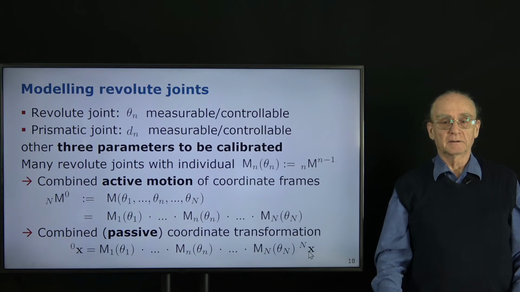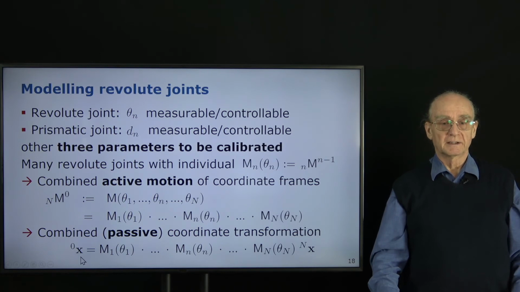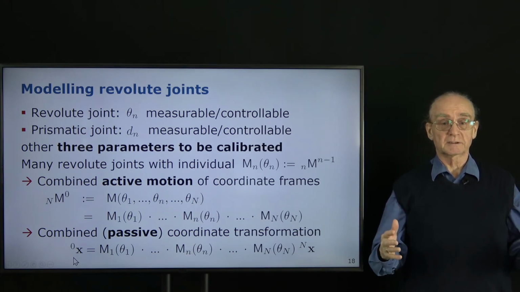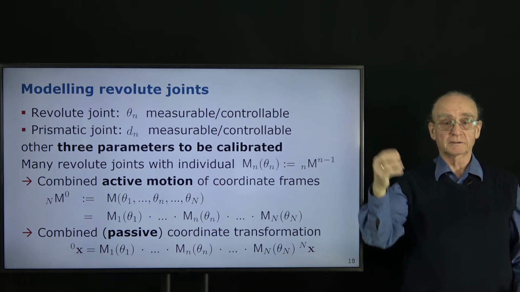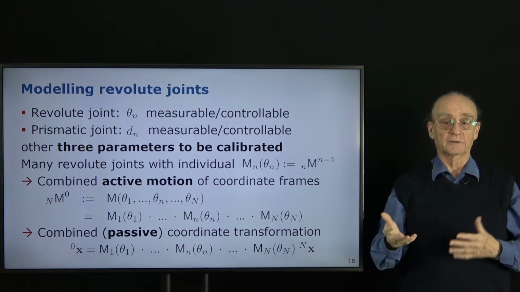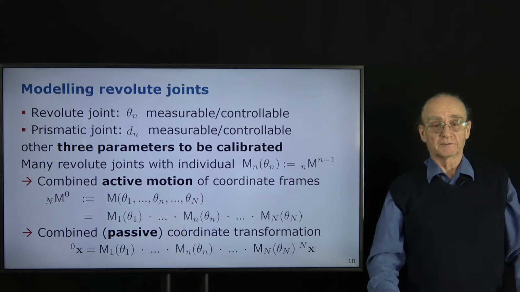And then we can use exactly the same product to describe the coordinates of this end effector, the measuring point, in the original basic system. So you see, this product of matrices can be used either for the active motion of the coordinate systems or for the passive coordinate transformation of our end effector.